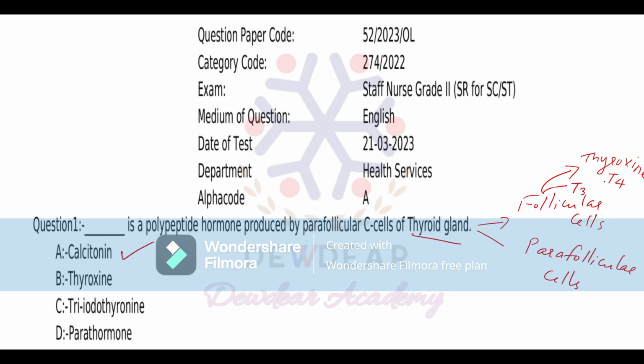So the hormones thyroxine and triiodothyronine are produced by follicular cells.